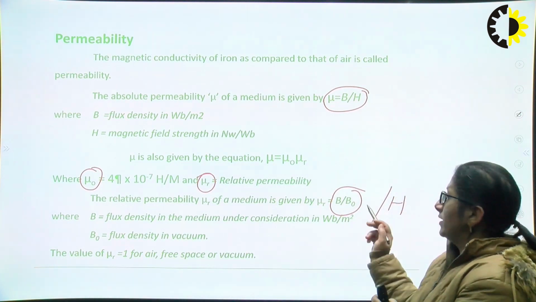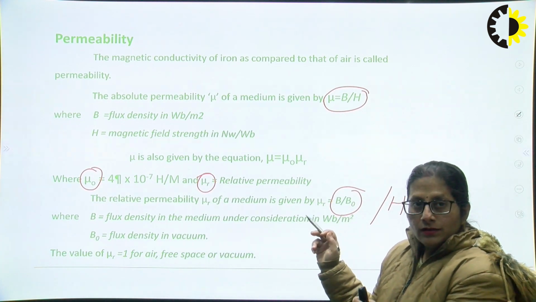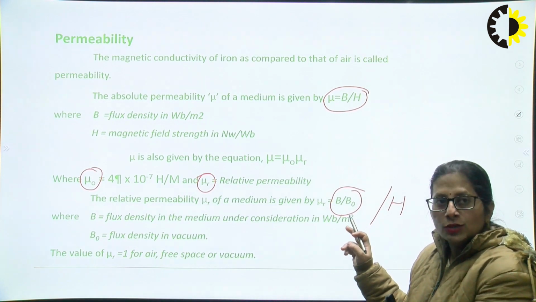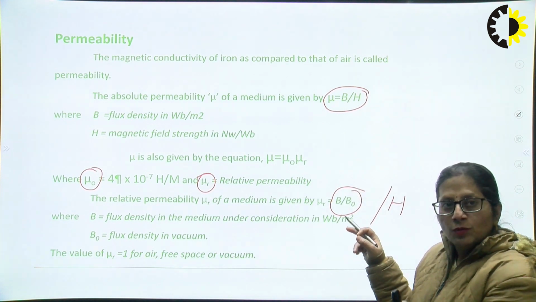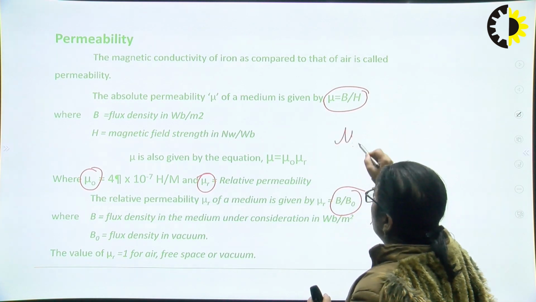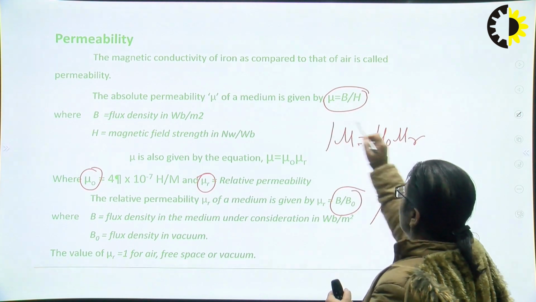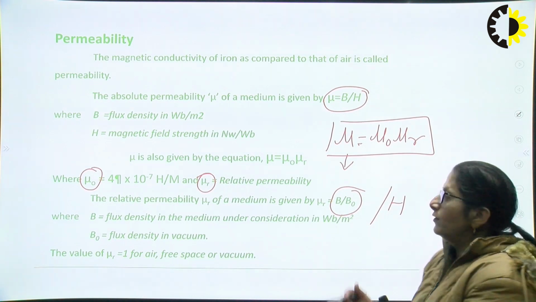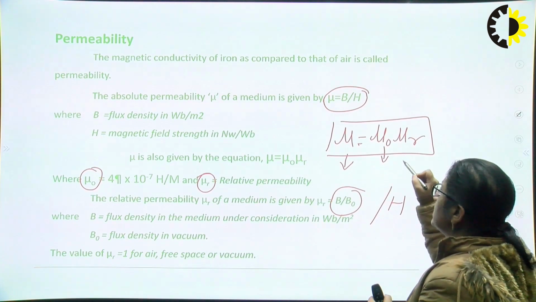So if I go with the ratio B by B naught, once again, B is equal to mu H and B naught is equal to mu naught H, but H is the same. So once again, the ratio is mu upon mu naught. So the relationship I get is mu is equal to mu naught mu R. That means the absolute permeability is equal to the product of the permeability in free space multiplied by the relative permeability.